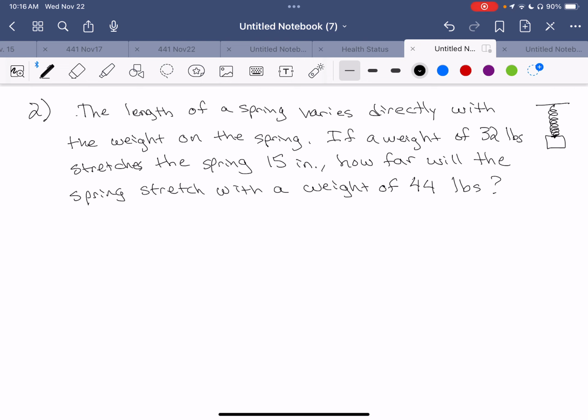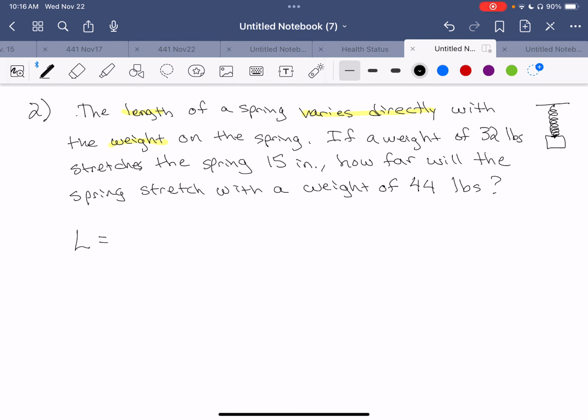So identify our relationship. The length of a spring varies directly with the weight. So as you put a heavier weight on the spring, then it pulls the spring down. So the length is this distance, and heavier weights, longer spring. So that is a direct relationship. So I can write it down.